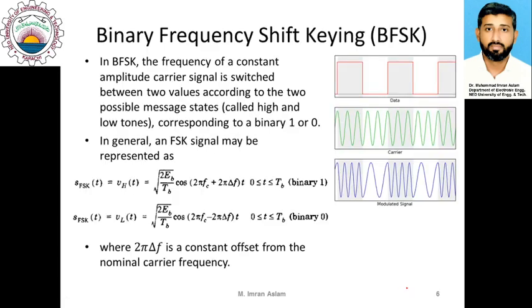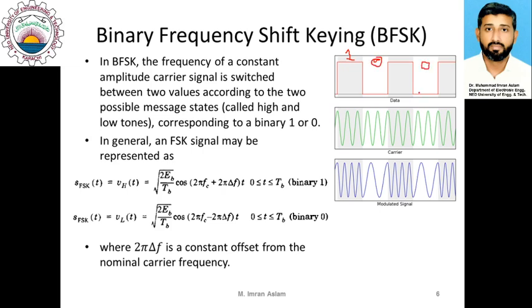So the most basic type of this constant envelope modulation scheme is binary frequency shift keying. For this, we use two different frequencies to represent waveforms of digital data. So for example, these pulses are representing data. So this is binary 0 and this is binary 1 and this is binary 0.